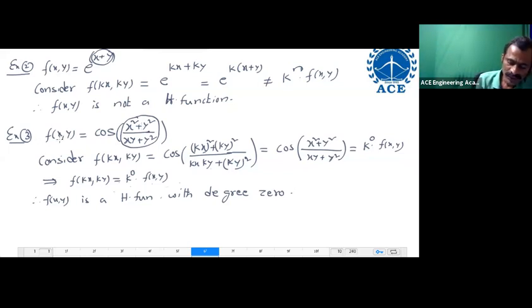Let us consider example number 3, that is the cos function. Here it is just like cos of some function g of x comma y. G of x comma y is this function. And check whether g of x comma y is a homogeneous function with the degree 0 or not. For the cos function, the inner function is g of x comma y.